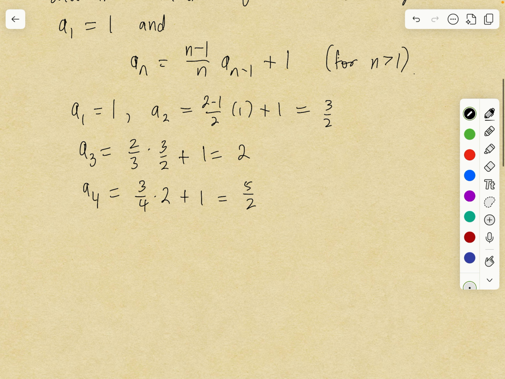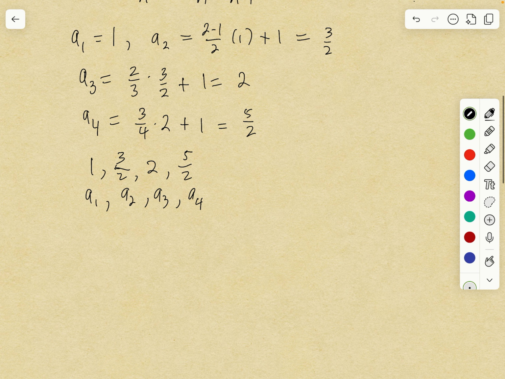So the first few terms are 1, 3 over 2, 2, and 5 over 2. The first one's a1, the second one's a2, next one's a3, and next one's a4. So based on this, do you have any guesses for what the formula might be? Well, it seems like each time you're adding a half.